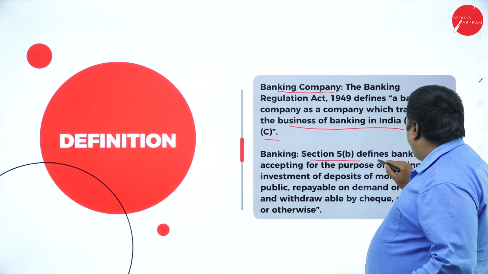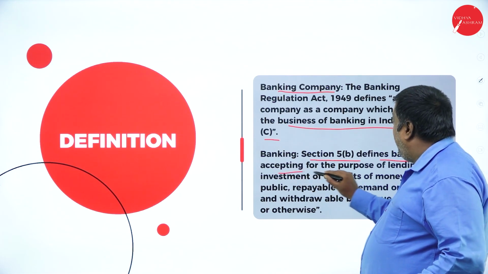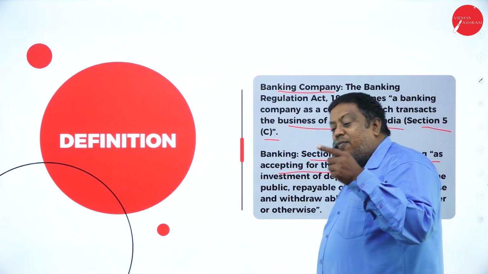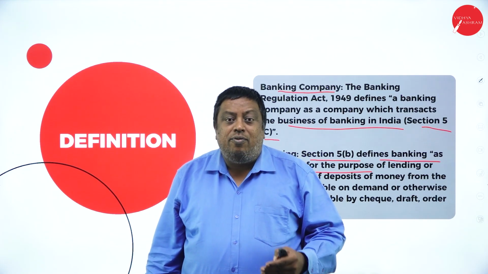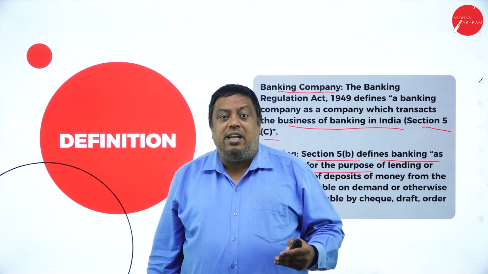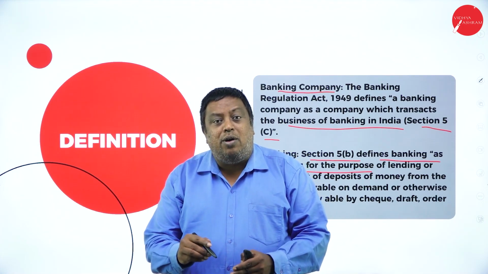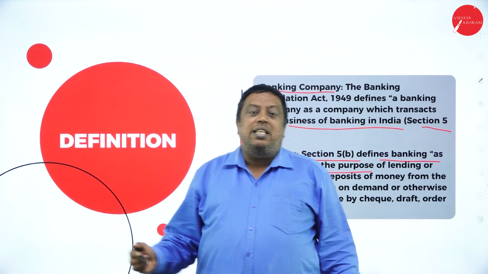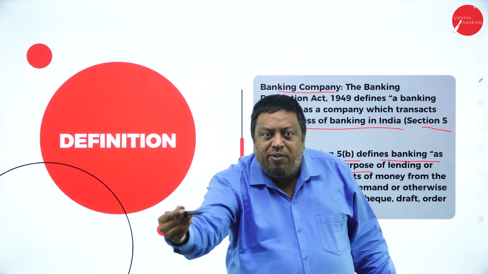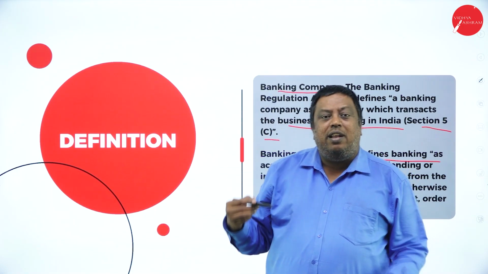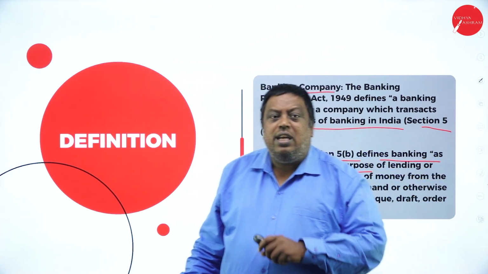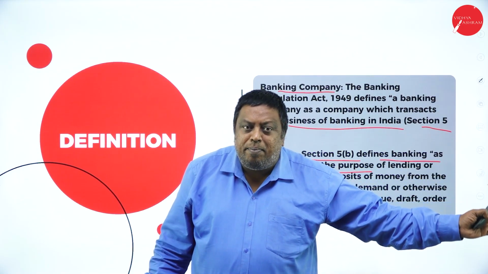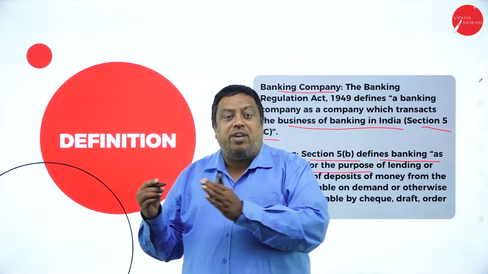Section 5 sub-clause C defines banking as accepting deposits for the purpose of lending or investing: every bank will accept the amount from the public for the purpose of lending it or investing the amount in the capital market. Whatever amount is received from the general public will either be invested in the capital market or lent to a person for whatever purpose it is required.